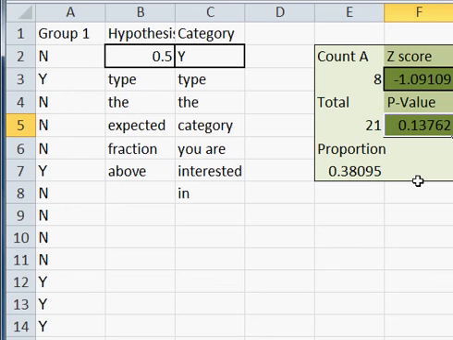Therefore, because this p-value is not below 0.05, it's above 0.05, at the 95% level, we could not reject the null hypothesis.